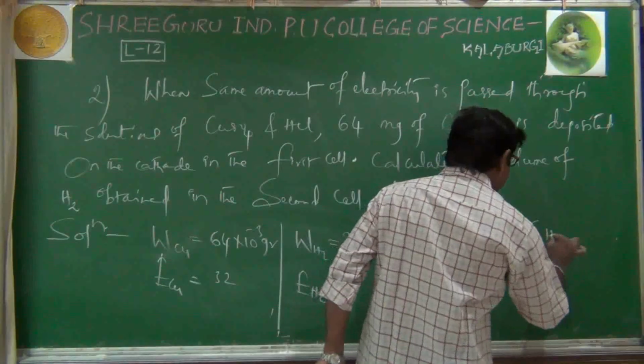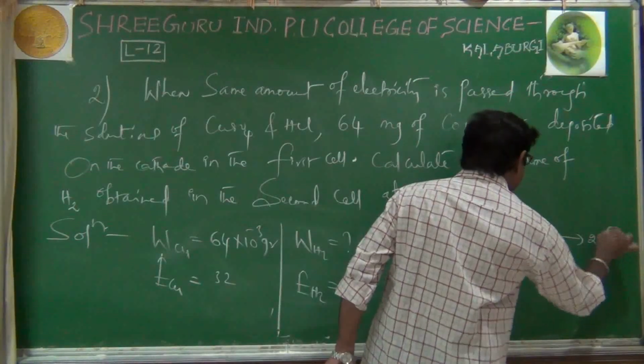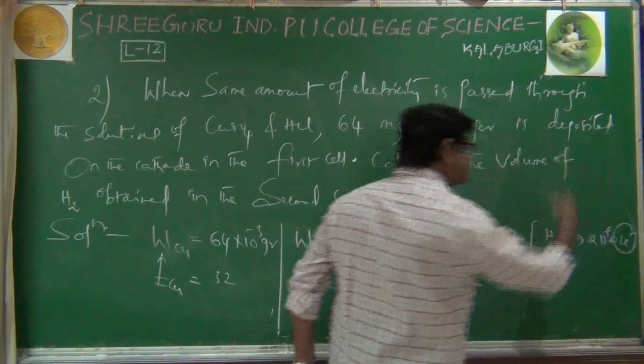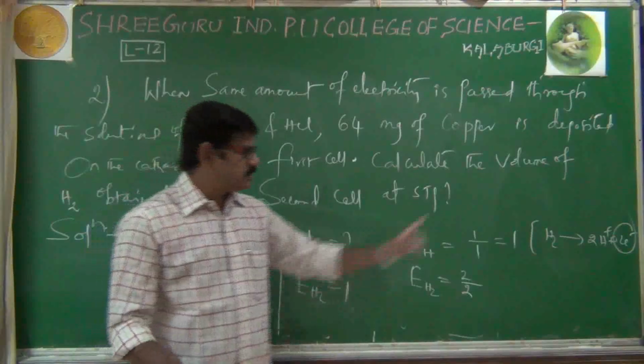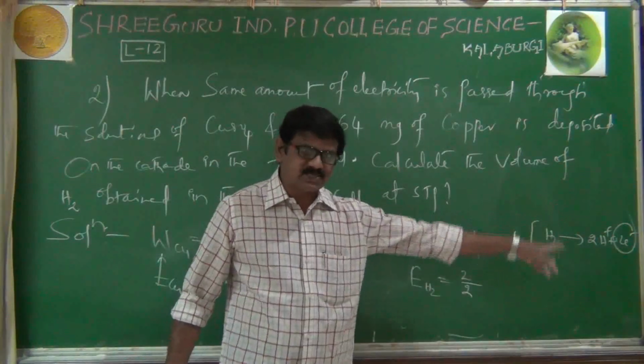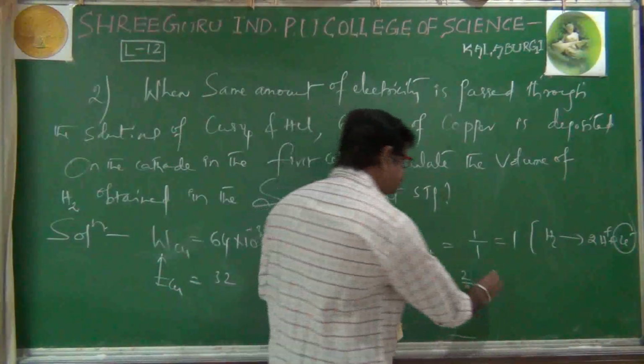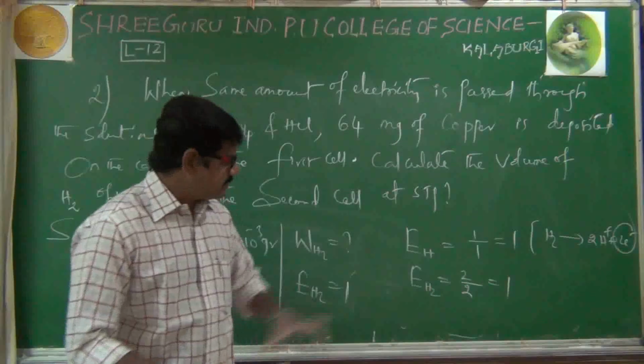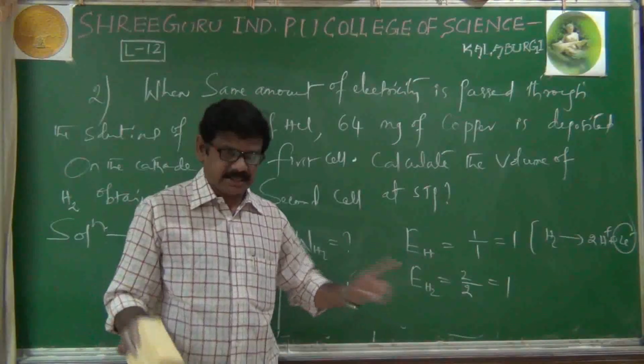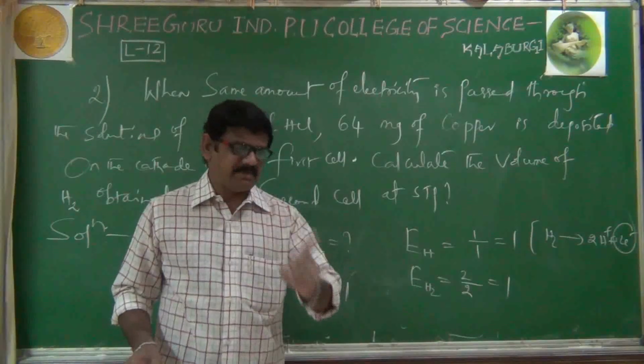Just like here, H2, by losing 2 electrons, is converted to H plus. When you are using the molecule, its valency is 2. That's why 2 by 2, again we will get 1 only. It may be an atom or a molecule, it doesn't matter; the equivalent mass remains the same.